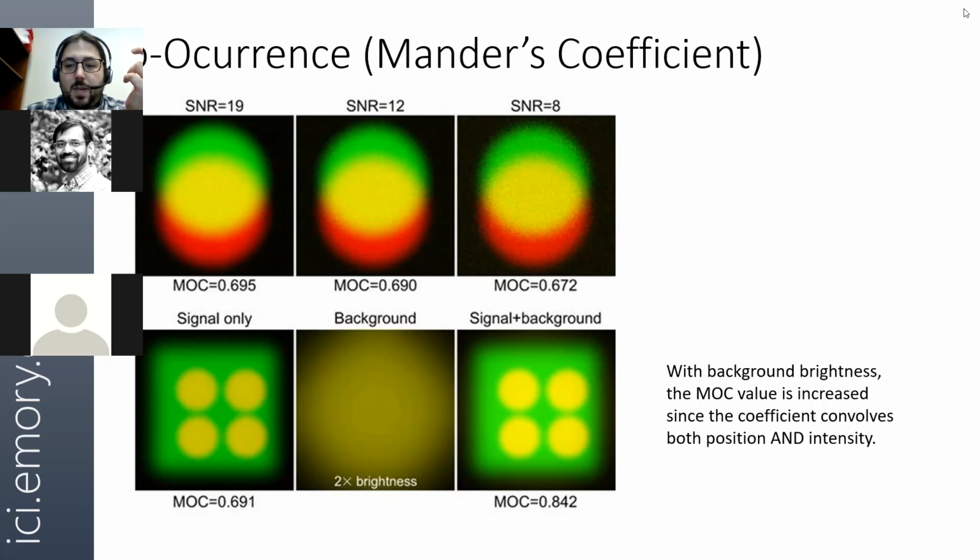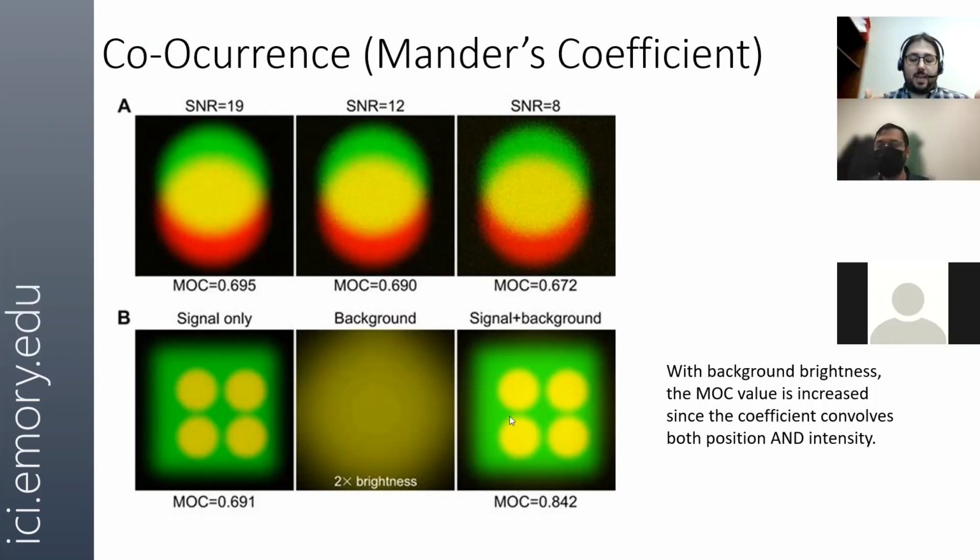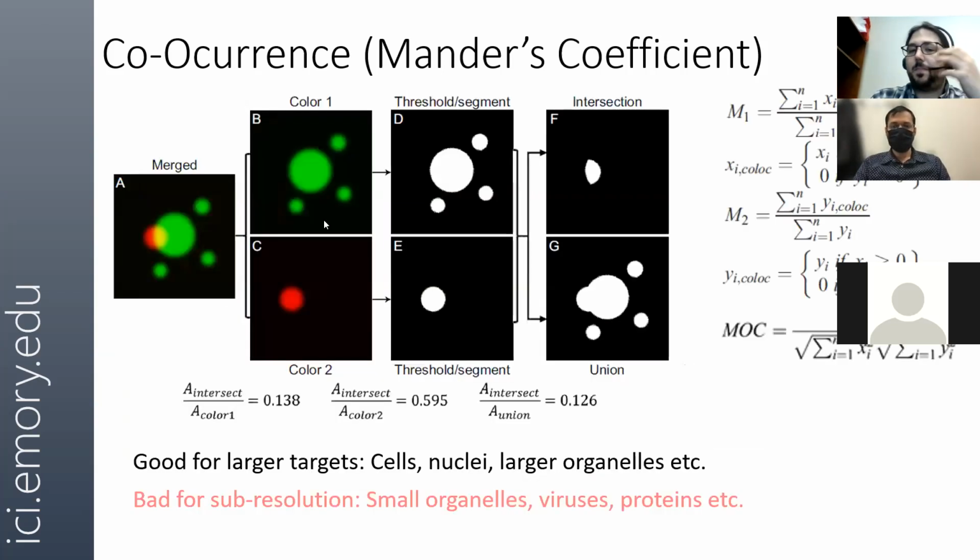So the example at the bottom here is that if we have background signal that we fail to remove from the final image, that can skew this coefficient into being higher, even if that higher coefficient doesn't indicate that the two structures or two labels of interest are more co-occurring.